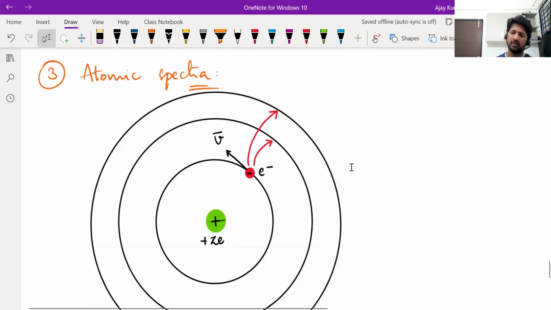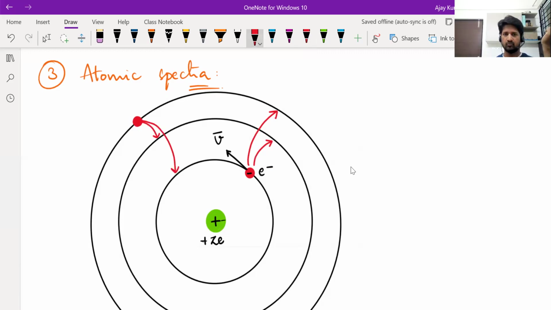And the same can happen in reverse also. An electron which is in an excited state, a high energy state, can release photons, meaning it can release radiation, and come down to a lower energy state. In that process, the atom emits radiation. But the electron will emit a photon only if it helps it lose sufficient energy to come down to another stationary orbit.